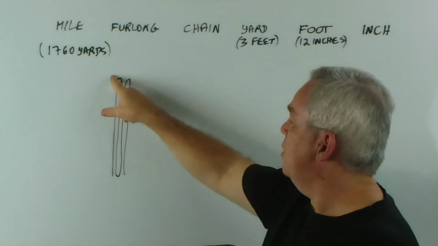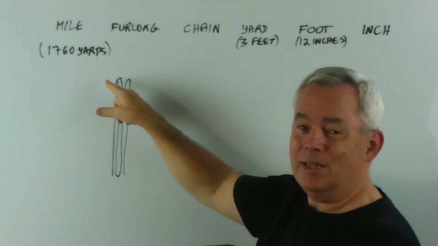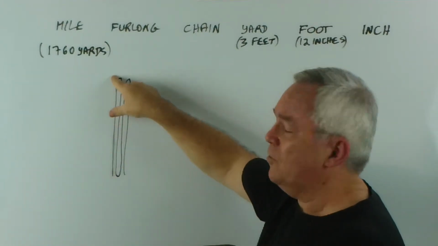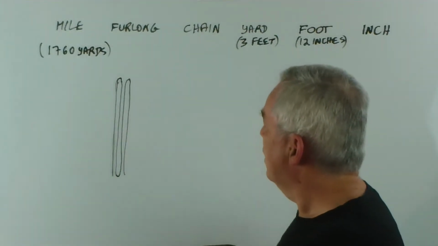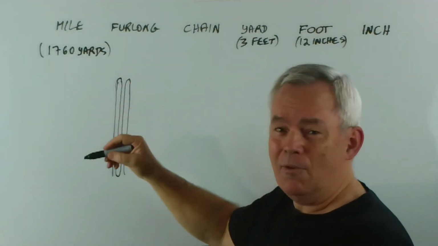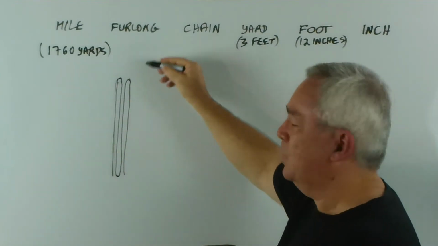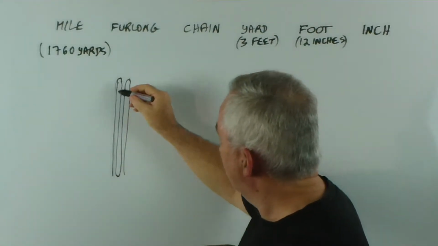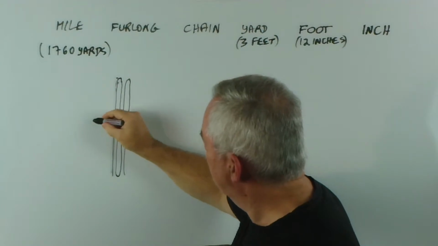Well, the fact is that turning a team of oxen around with a plough attached is a fiddly job and time consuming, so they used to plough as far as they could before they did this. Consequently, many of the blocks of land that they farmed were long and thin, so you could plough it in just a few stretches. And interestingly, this distance was a furlong.